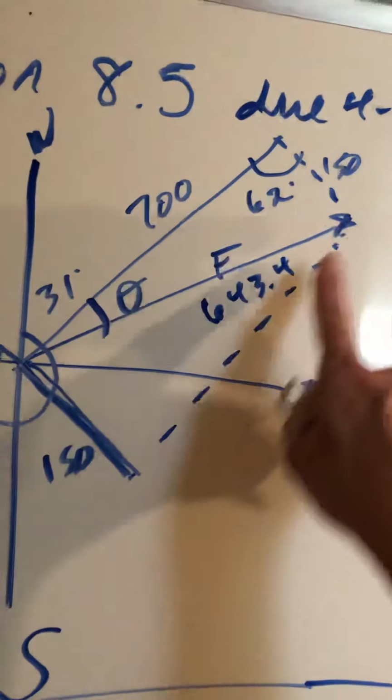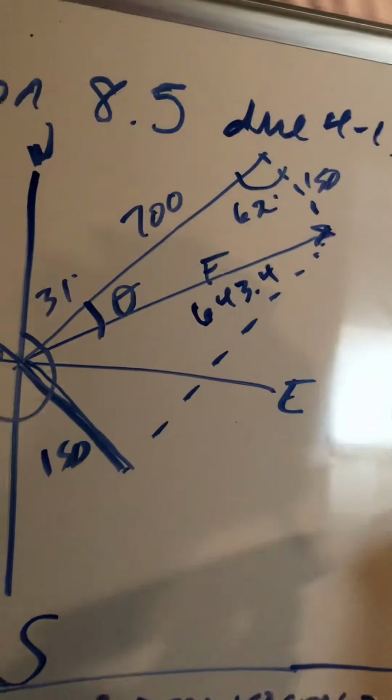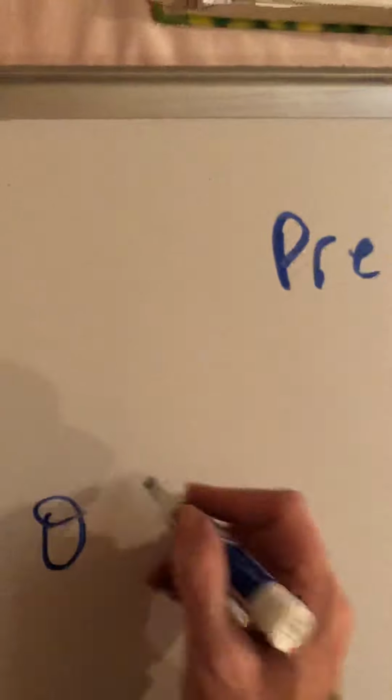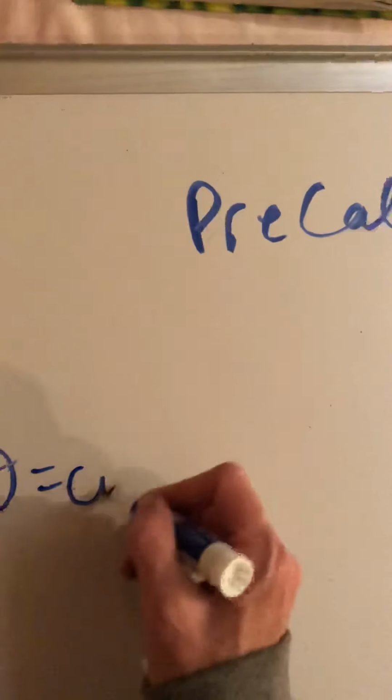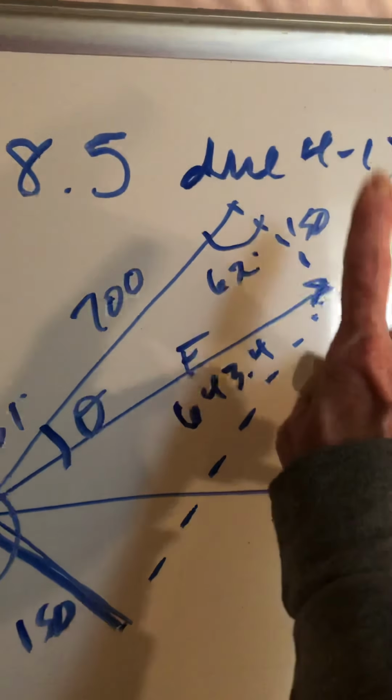Now we need to find angle theta. Guys, law of cosines again. I've got a triangle with all three sides, so I can use law of cosines again. To find theta, we're going to do inverse cosine of, now okay, here's theta. 150 is opposite, so that's the one that gets subtracted.